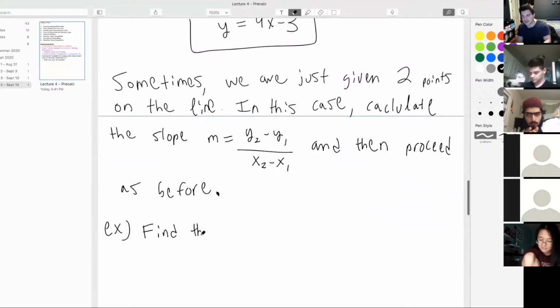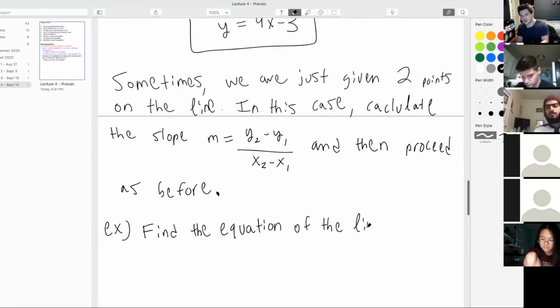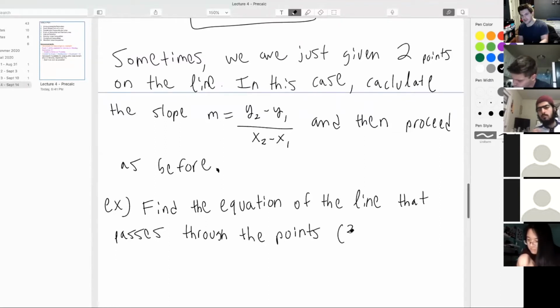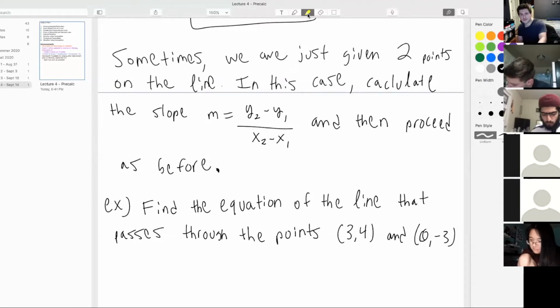Find the equation of the line that passes through the points (3, 4) and (0, -3).